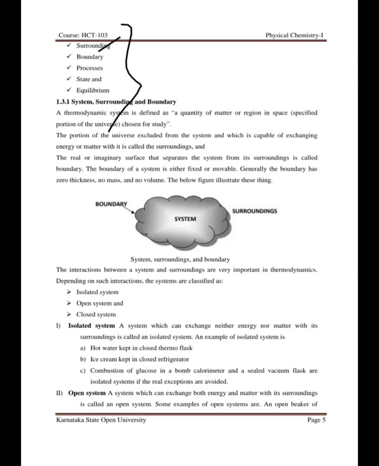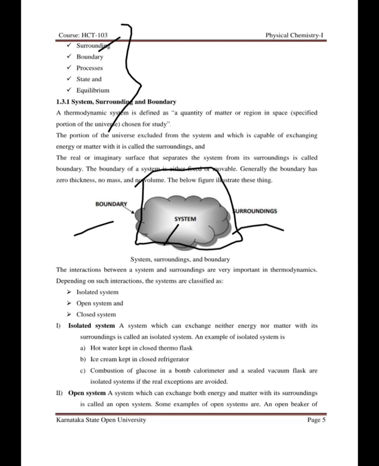Coming to the system, a system is where the reaction is taking place, with respect to surroundings, and the system is enclosed by some boundaries. A quantity of matter or a region in space chosen for the study is known as a system.